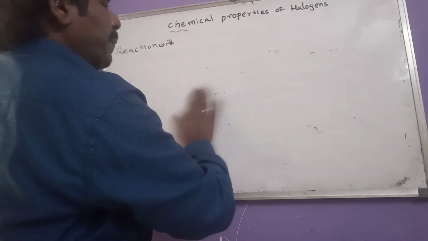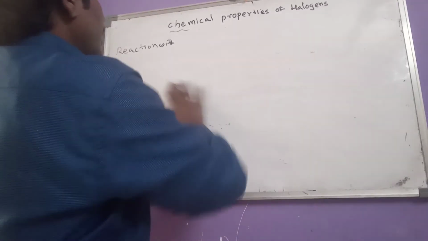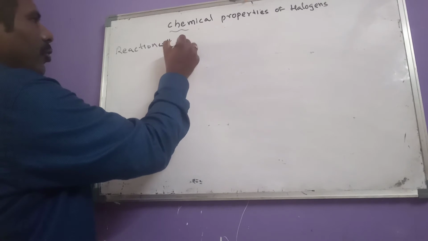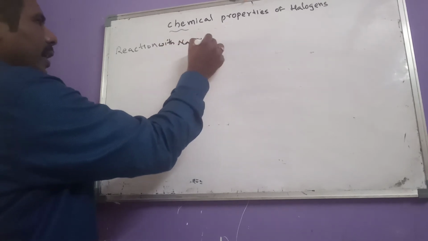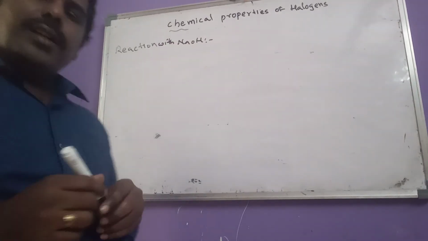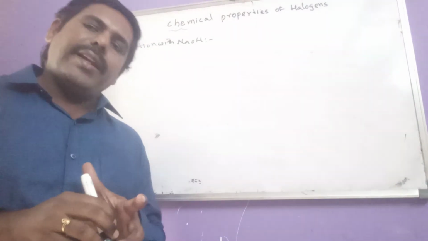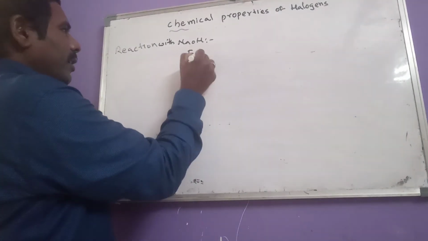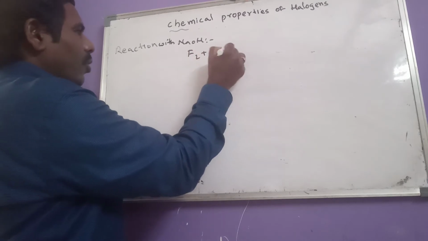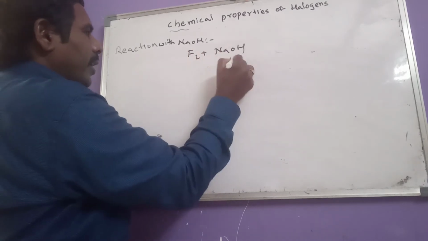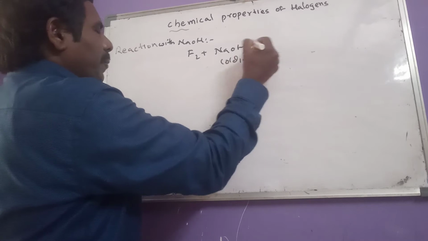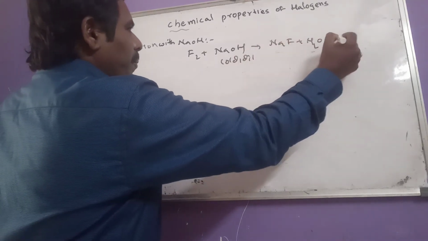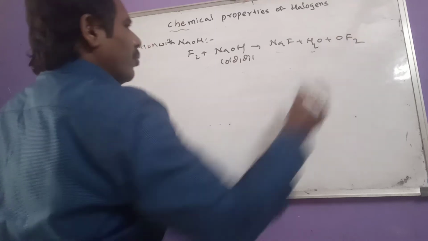So two types of reactions are there. First one is with cold and dilute NaOH. Second one is with hot and concentrated NaOH. Listen here. Fluorine when treated with cold and dilute NaOH gives NaF plus H2O plus OF2.